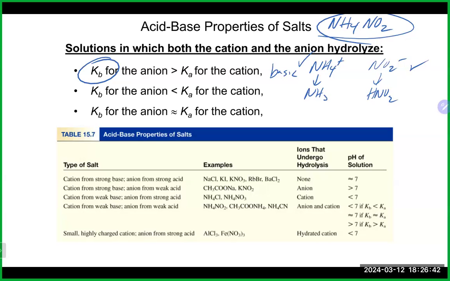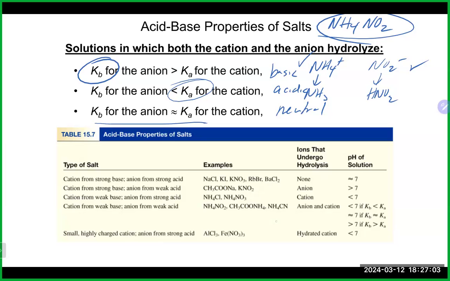If the Kb value is less than the Ka, or the Ka value is greater than the Kb value, we would assume it will go the acidic route and do the Ka calculation. If they're about the same, you probably get a neutral situation.